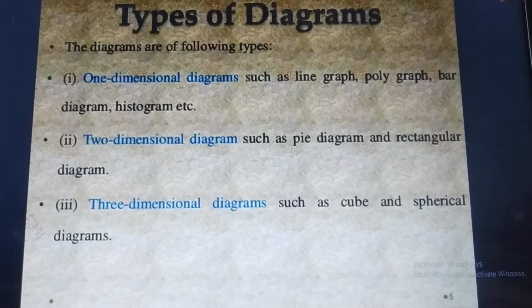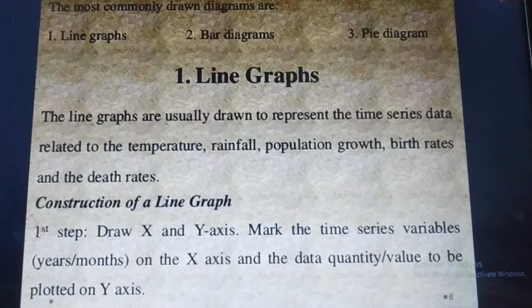Types of diagram. The diagrams are of the following types: one-dimensional diagrams such as line graph, polygraph, bar diagram, histogram, etc. Two-dimensional diagrams such as pie diagram and rectangular diagram. Three-dimensional diagrams such as cube diagrams.